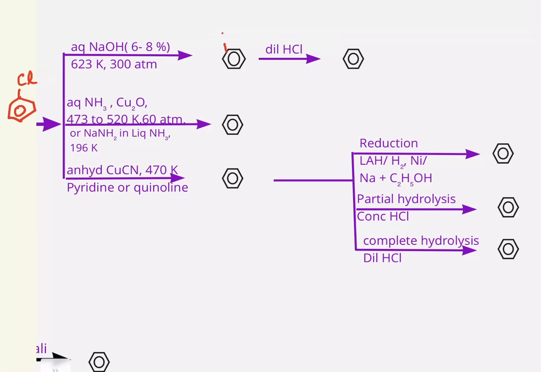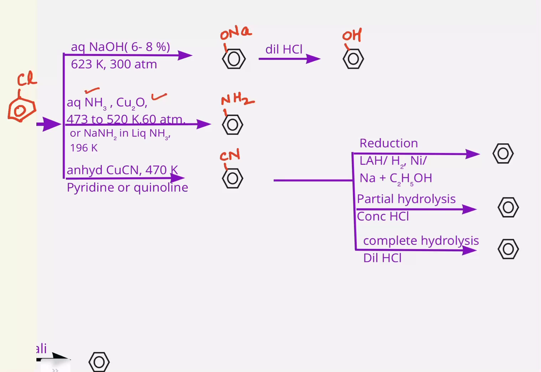How do I convert it into phenol? First with aqueous NaOH followed by hydrolysis. How do I convert it into aniline? By treating it with aqueous ammonia, copper oxide, and I have NH2 over here, right? Then how do I convert it into benzonitrile? I will treat it with anhydrous copper cyanide.